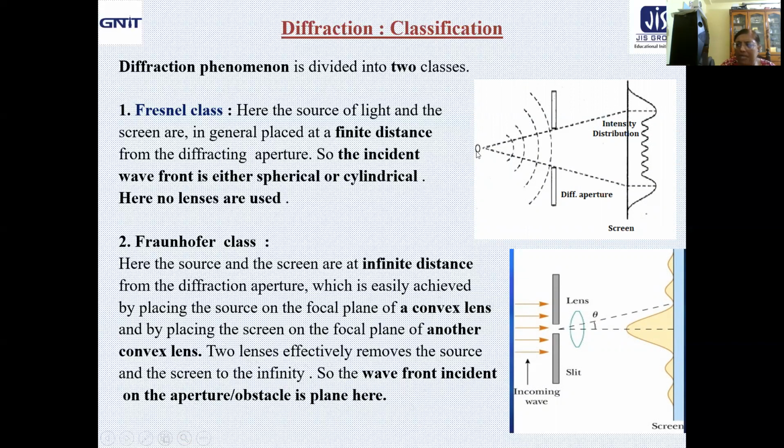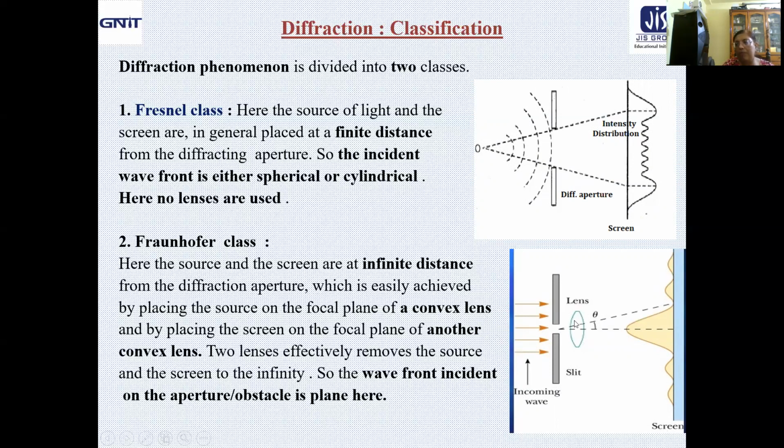Now let us take a look. So we have a point source here, say. Now here, if you place a lens in the focus of which the point source is kept, naturally the plane waves will come out. A parallel beam of light will come out in the form of plane wavefront, which will fall on the diffraction aperture. Now here a second lens is kept, in the focus of which the screen is placed.